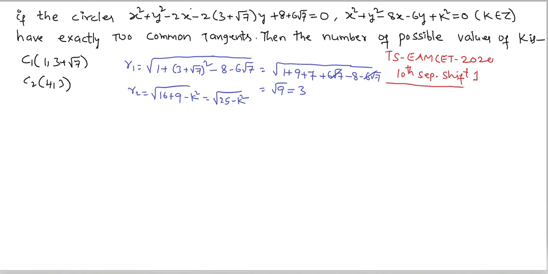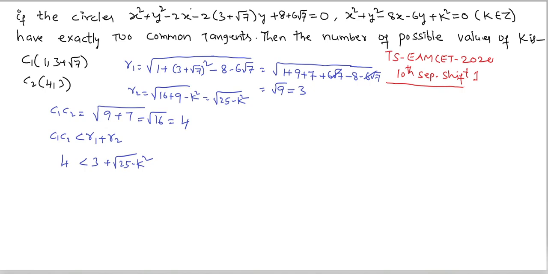Here it is given these two circles have two common tangents, so C1C2 is less than R1 plus R2. Find the distance between C1 and C2, equal to under root of 4 minus 1 whole square, 9, plus 3 minus 3 minus root 7 whole square, 7, 9 plus 7 equal to root 16, that is 4, which is less than R1 3 plus the root of 25 minus k square. 4 minus 3 is 1, 1 less than the root of 25 minus k square.